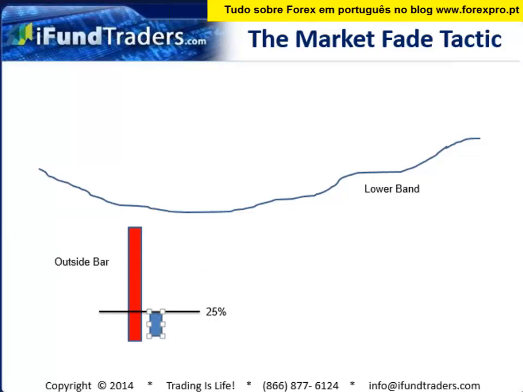At which point we're going to buy, all right? So at this 25%, we buy, and a stop goes under the low of the outside bar.